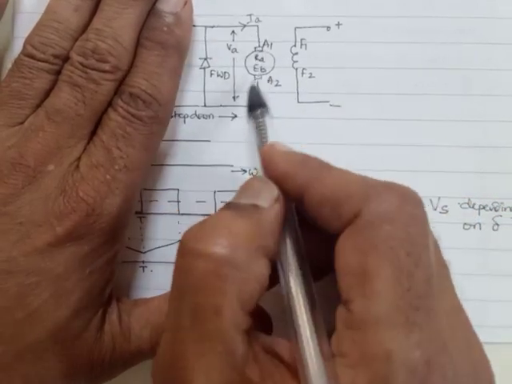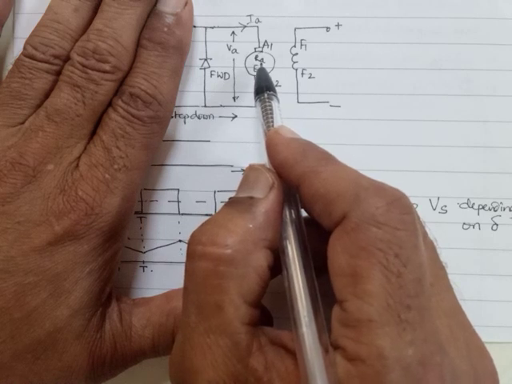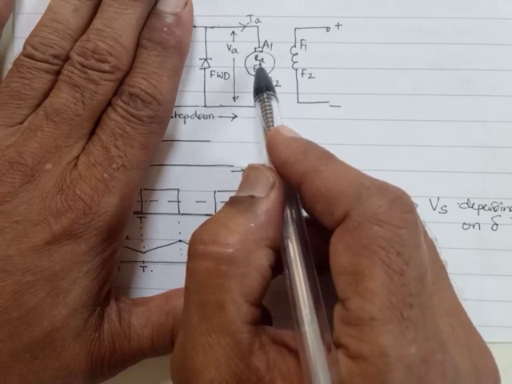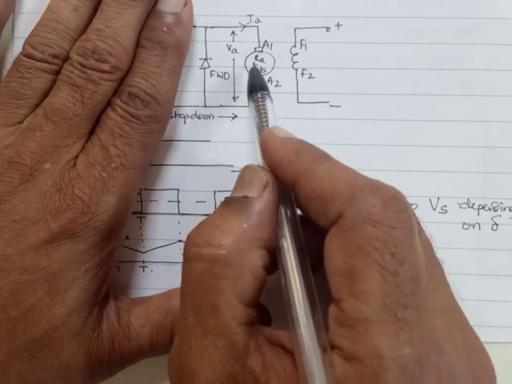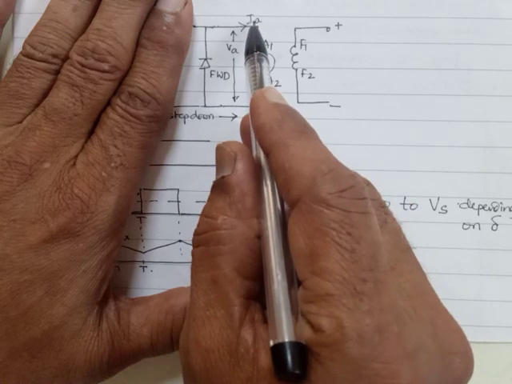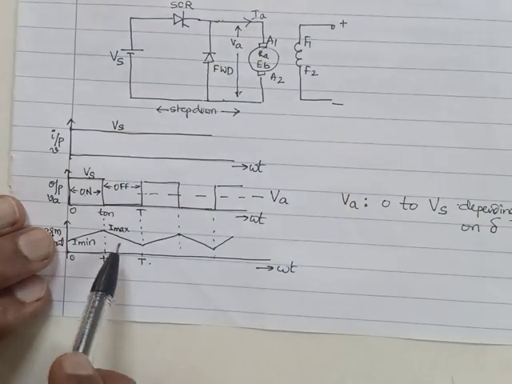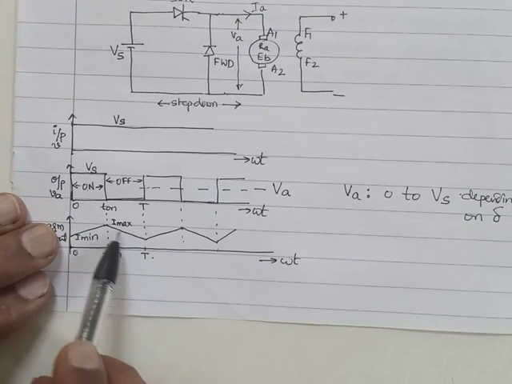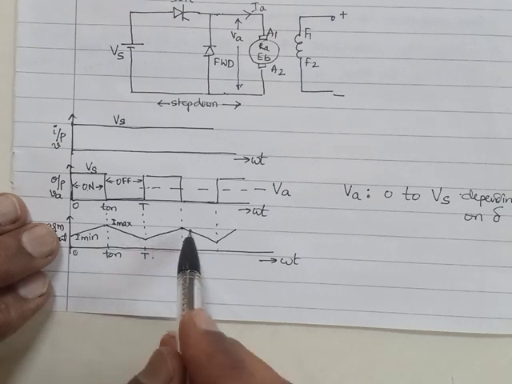The current flow is still maintained due to the energy stored in the armature because of the previous running. And as the armature continues to run, that energy decreases. Obviously, the value of IA also decreases. Hence, we get during off time the decreasing current, and this continues.